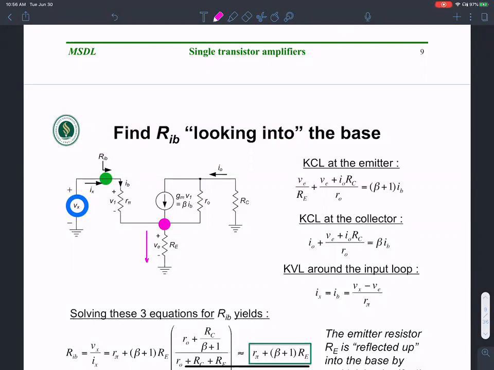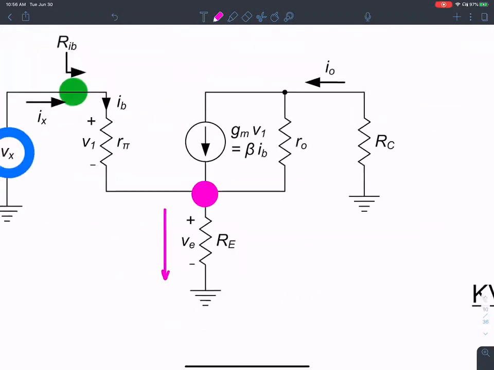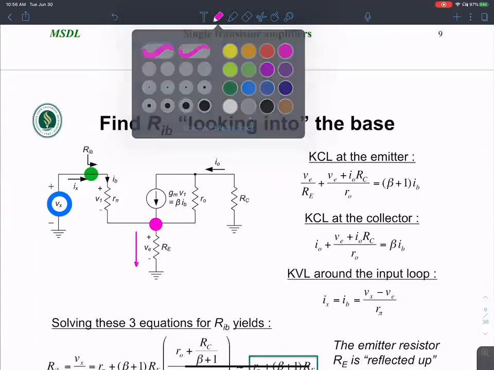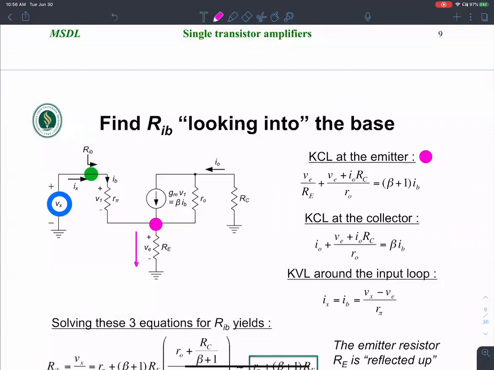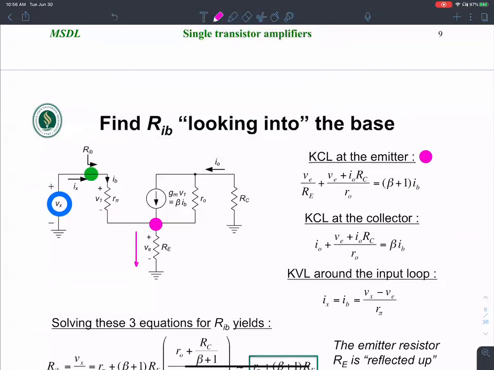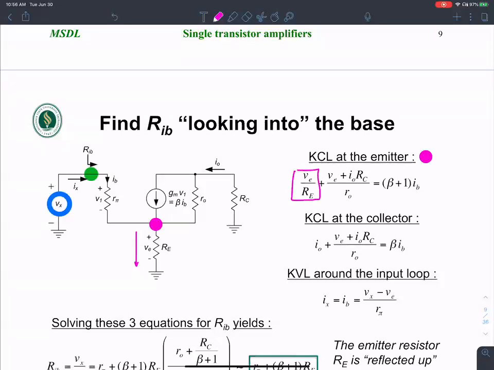If I call VE the voltage dropped across this resistance, when I'm writing KCL at this node, this is KCL at the emitter, the purple node here. That branch is this guy, so that's the current, the purple current flowing in here.